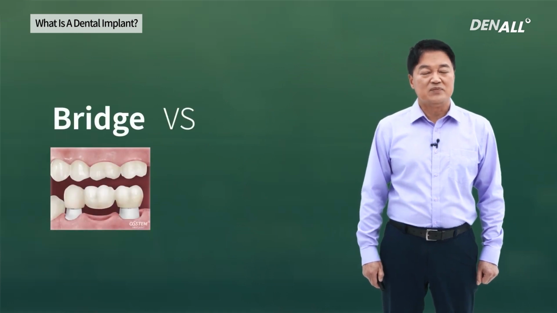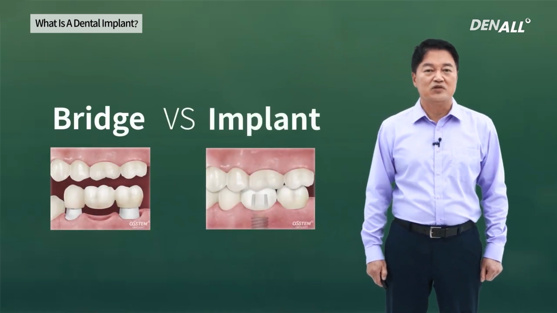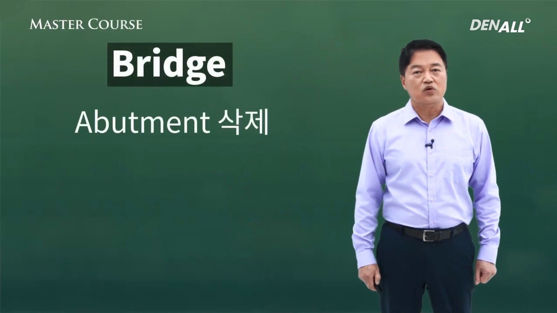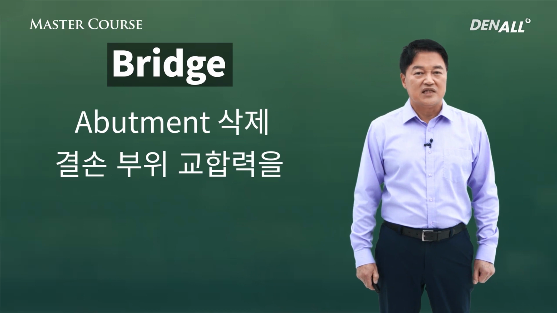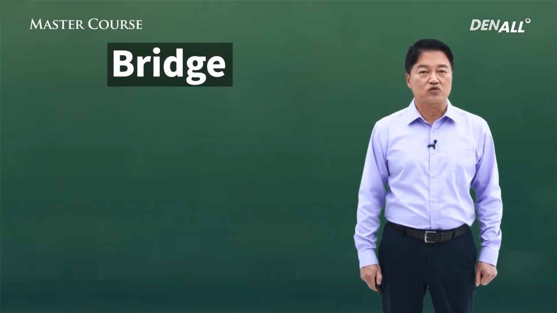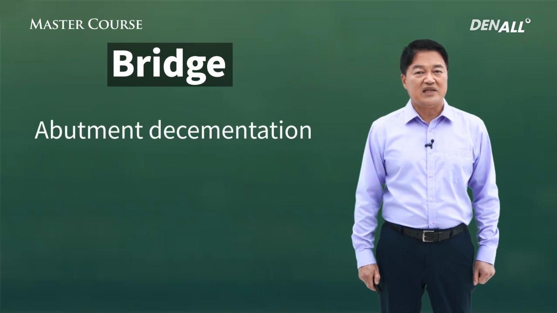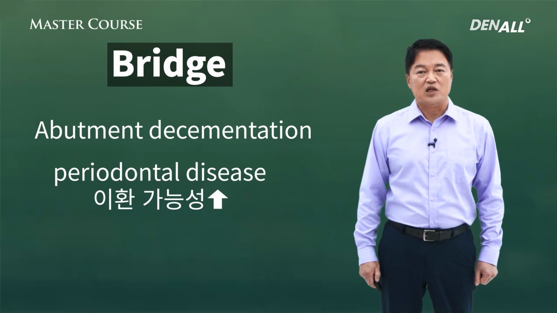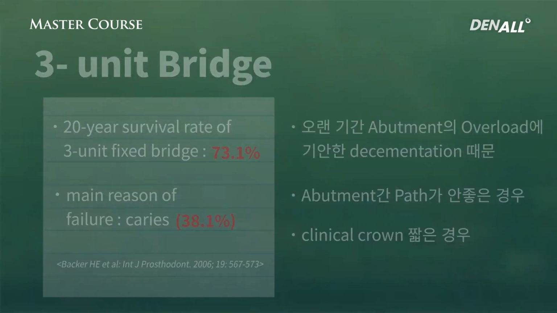The bridge and implant, let's compare the two. For the bridge, you need to prep the abutment, and the occluding force goes to the abutment. If you use it for a long time, decementation of the abutment can occur as well as periodontitis.